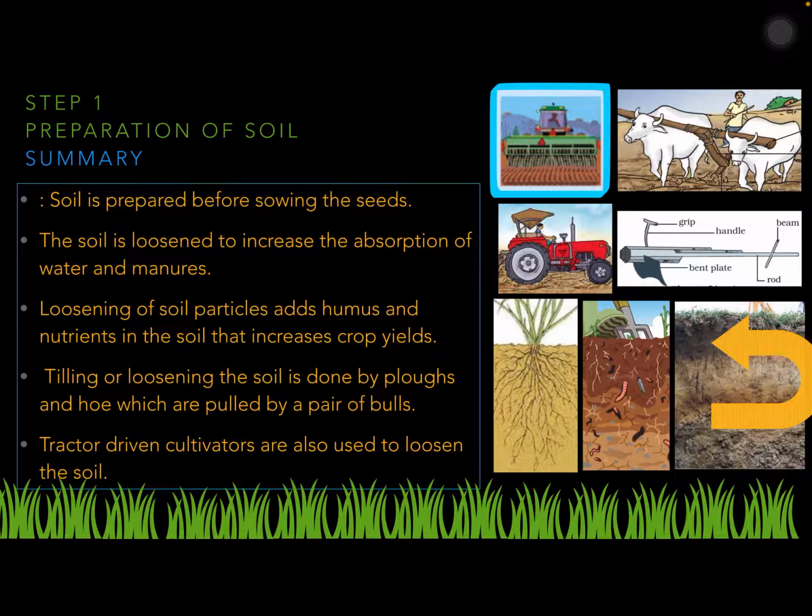Tilling or loosening the soil is done by plows and hoe, which are pulled by a pair of bulls. Tractor driven cultivators are also used to loosen the soil. There are 7 pictures that I've given here. Seeing all the 7 pictures at once, I think you can summarize preparation of soil.